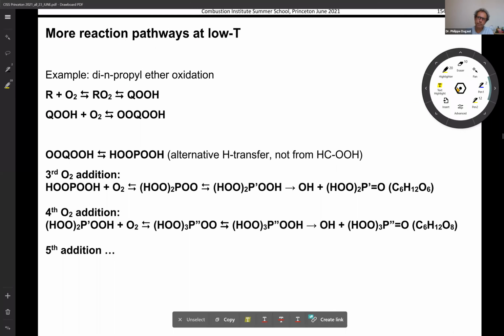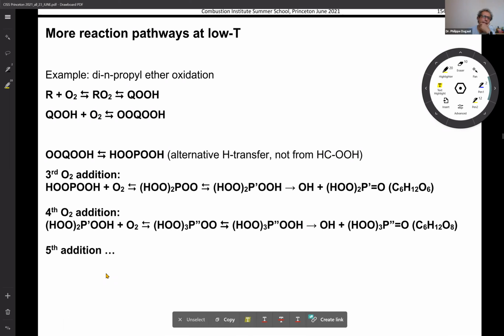More recently, so these were proposed in the 70s. These were proposed in the 80s. And more recently, we figured out that there are other processes that can go on.